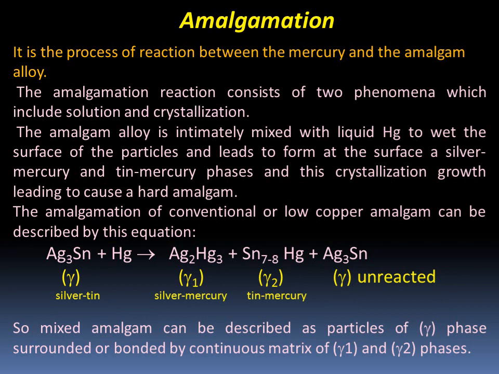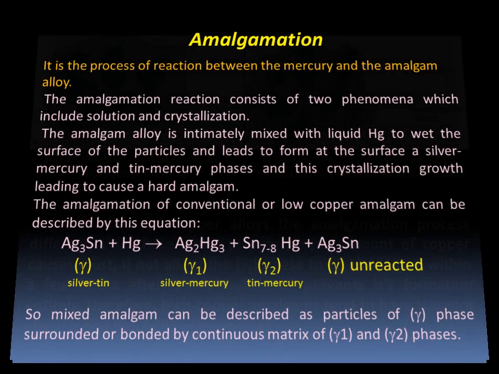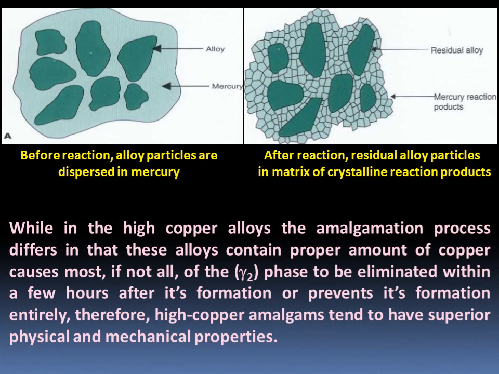And this tin mercury is responsible for the low mechanical properties. Therefore, the presence of copper in the amalgam leads to increased mechanical properties. The picture represents how the amalgamation occurs between the alloy and the mercury, which has two phases: solution and crystallization.